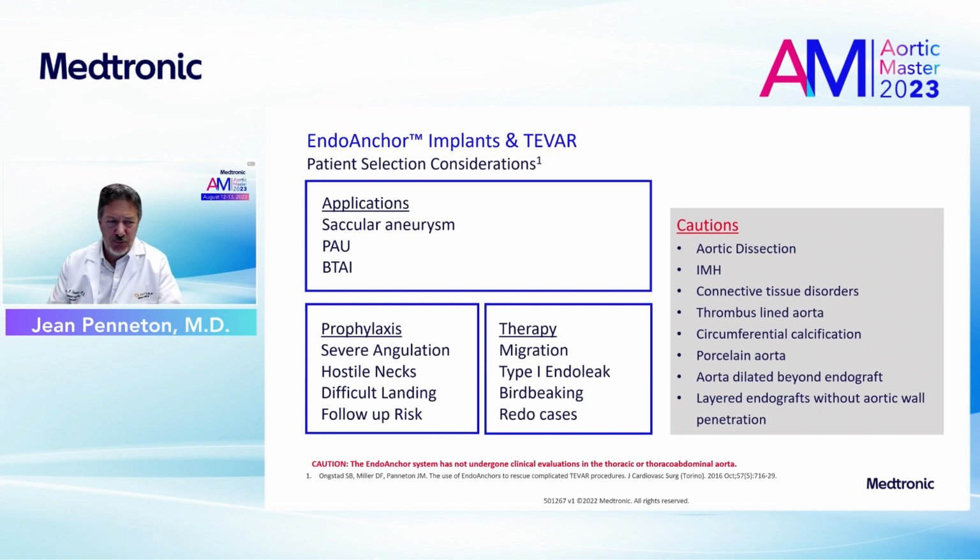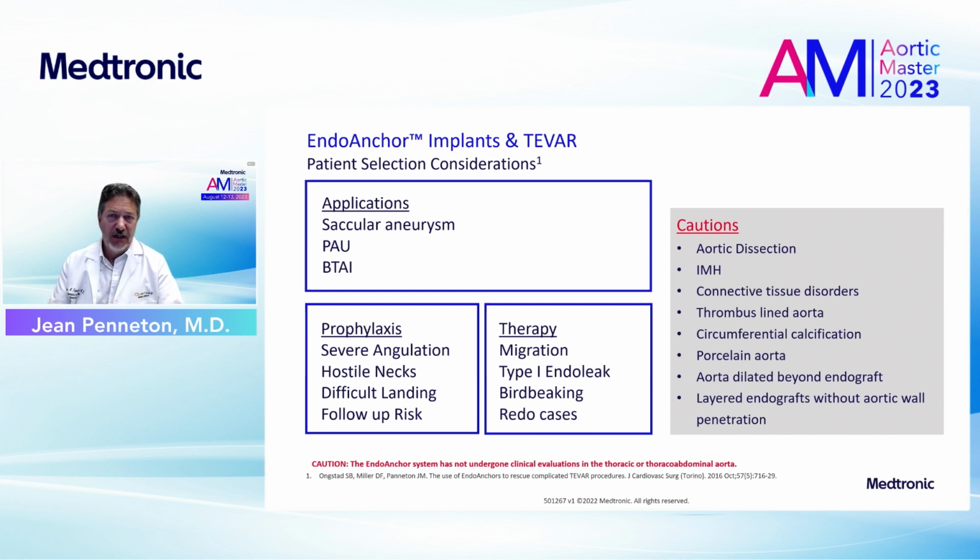The reasons we use it for prophylaxis would be patients with severe angulation, hostile necks, a difficult landing zone, or if there's a risk of having poor follow-up in certain patients. Trauma patients, for example, are known to have poor follow-up. We also use those EndoAnchors therapeutically to treat migration, to treat a type 1 endoleak, to treat bird beaking, as well as in redo cases.